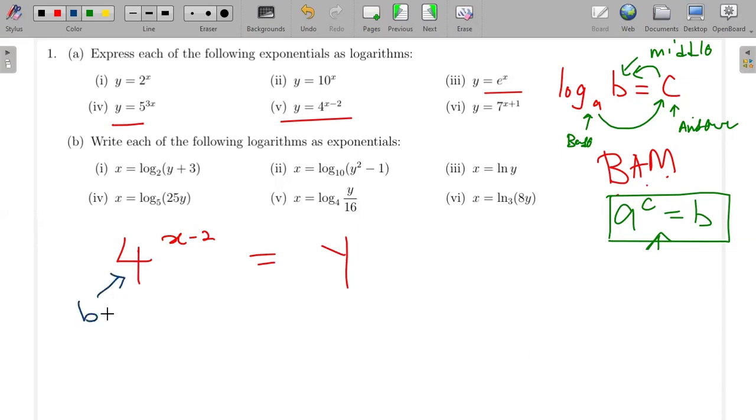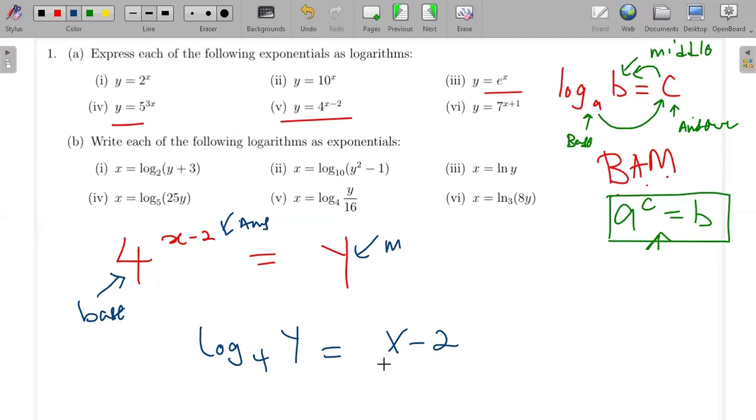So 4 is our base. The answer is this, the x minus 2. This one is what is in the middle. So it will just be log of base 4, what is in the middle is y, is equal to x minus 2. So that will be our answer there.